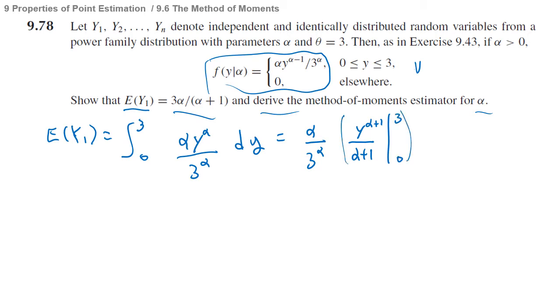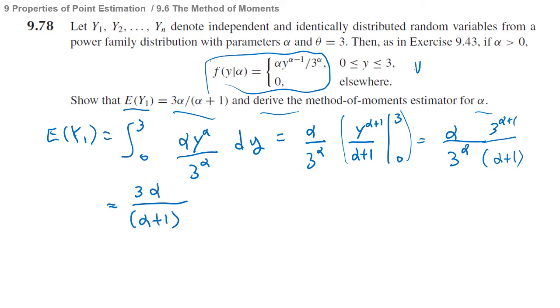Okay, and this gives 3 to the alpha plus 1 over alpha plus 1, so this is 3 alpha over alpha plus 1.